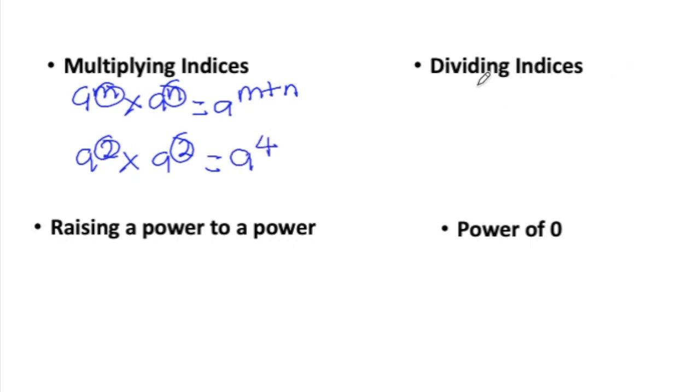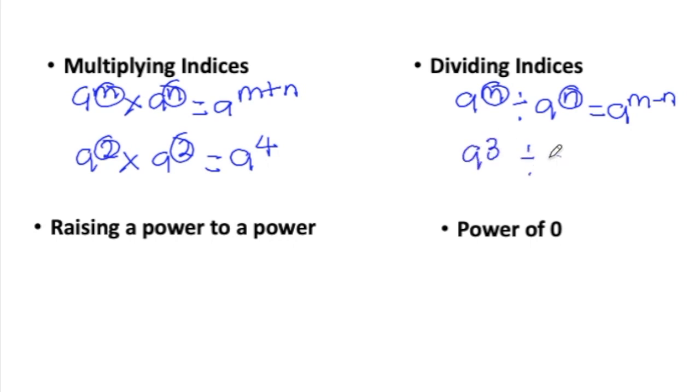Then when you're dividing indices, for example, a to the power of m divided by a to the power of n, you subtract the powers, so the answer will be a to the power m minus n. And another example, a to the power of 3 divided by a to the power of 2. We subtract the powers and it will give us a to the power of 1.